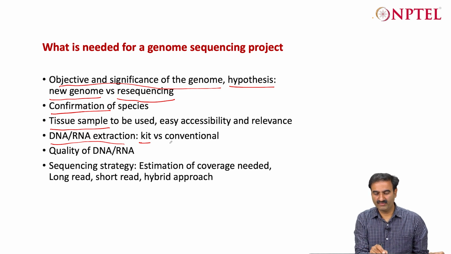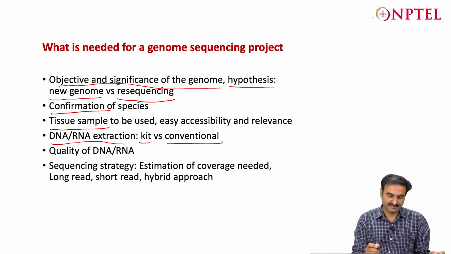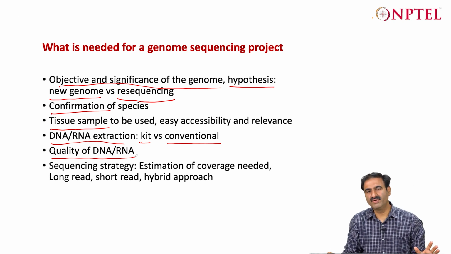Then you have to modify it or go for a conventional method, where you optimize the method first and then go for the final DNA extraction, which you will use later for the sequencing.